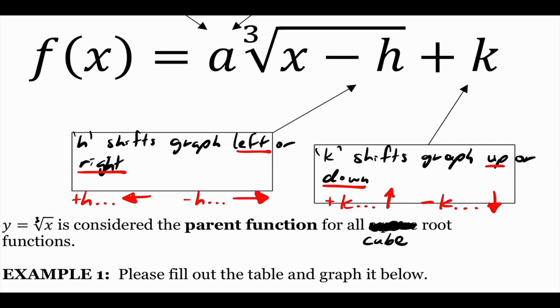It's opposite of what you normally think. Normally you think positive means move right, negative means move left. That's different with H. H is a liar. We've talked about that a lot. H is a liar. It says one thing, does another. K tells the truth. If it's positive, it goes up. Negative goes down. But H is a liar.